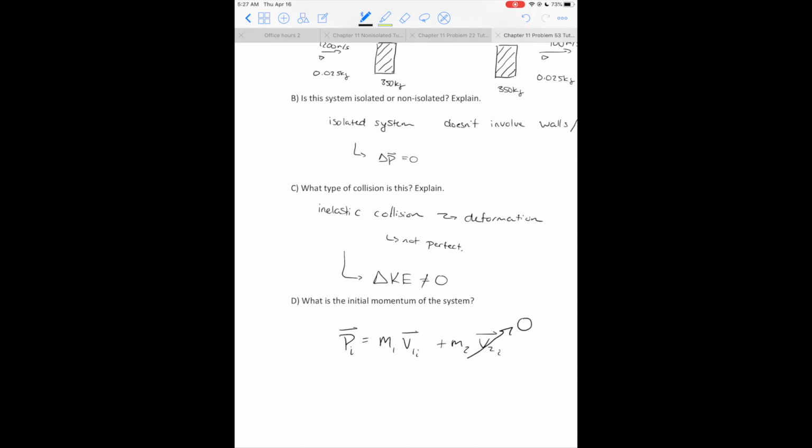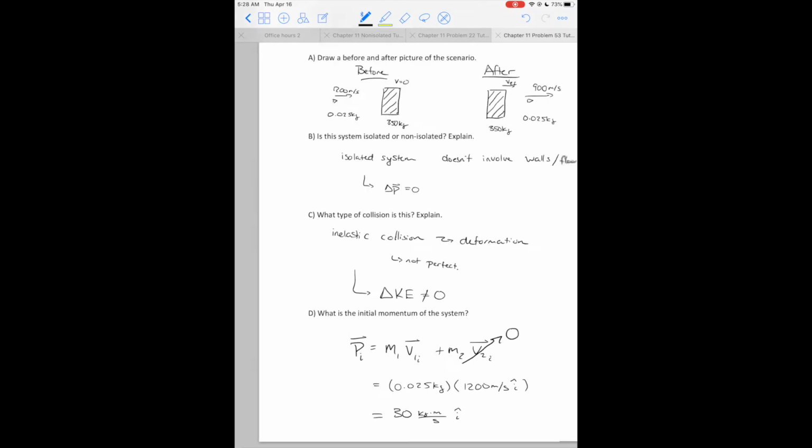We have a stationary target, so I'm really just looking at 0.025 kilograms times 1200 meters per second in the I-hat direction. And what do I get? I get 30 kilogram meters per second in the I-hat direction. So that is our initial momentum of the system.